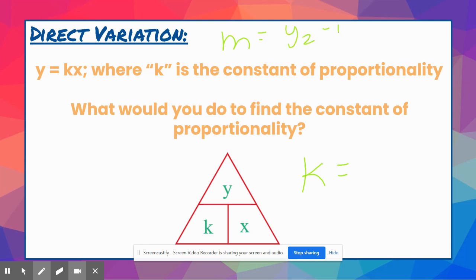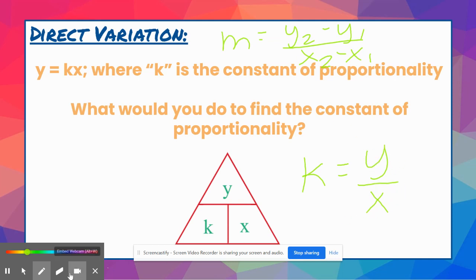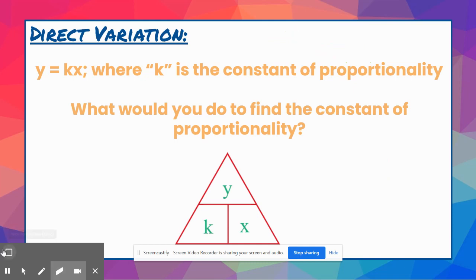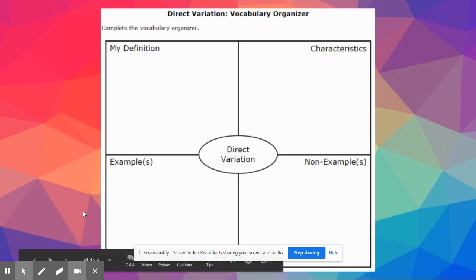Slope is y2 minus y1 over x2 minus x1. And instead, we're just going to take 1 y and 1 x. So we're just going to divide a y by an x. We don't need 2, we only need 1 because it's a constant of proportionality. So it's just a little bit different in that way.